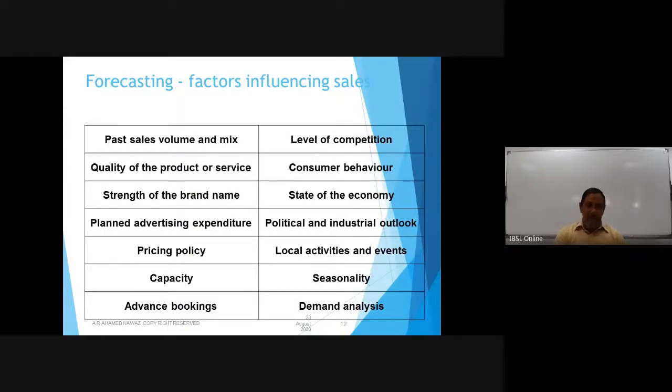How much is the price? 3,500, 4,000, 4,500. You go to Malwatta Road, Maradana, and you find the same shoe at the rate of 1,500 or 2,000 rupees. See the pricing policy. So it is having an effect on the sales.